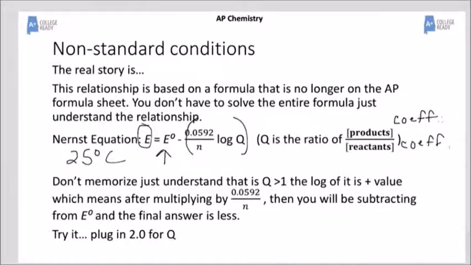So, as I said on the previous slide, if the ratio is greater than 1, the non-standard potential is going to go down because it's going to be subtracted here. Okay? So if we plugged in a 2, you could do the math, and you would see that, whatever the standard cell potential was, you would be subtracting.